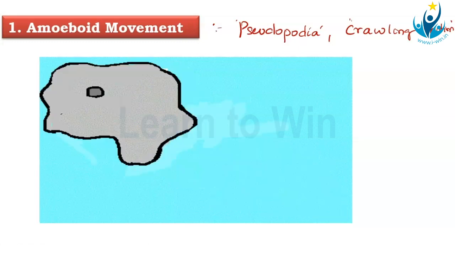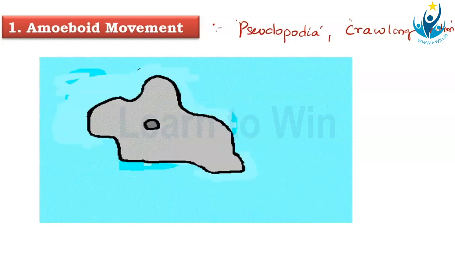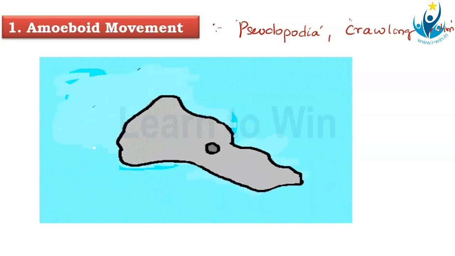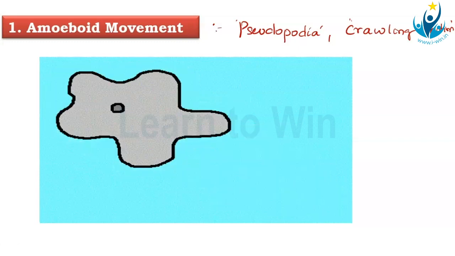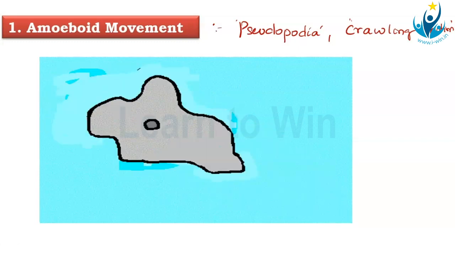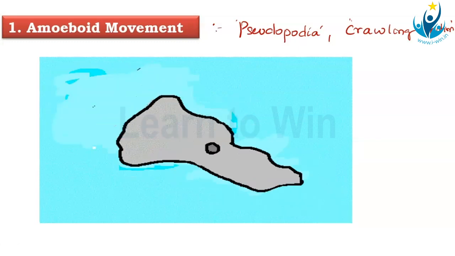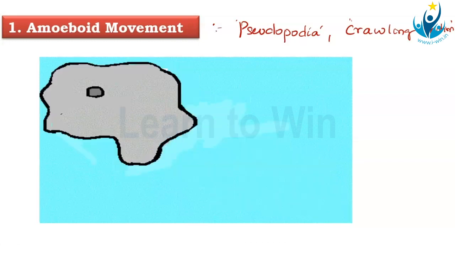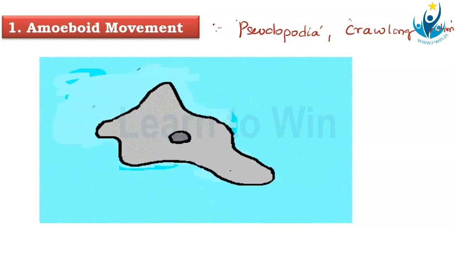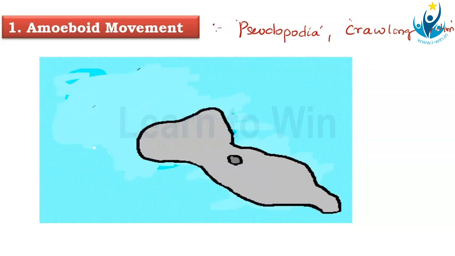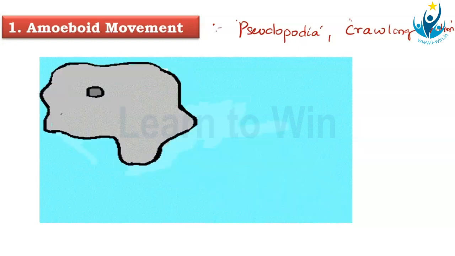This takes place when the cytoplasm slides and forms the pseudopodia, and as a result the cell moves forward. In human beings, this is seen in cells like macrophages. They show this kind of amoeboid movement.